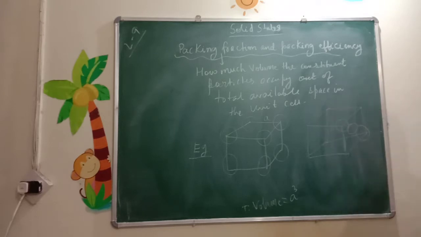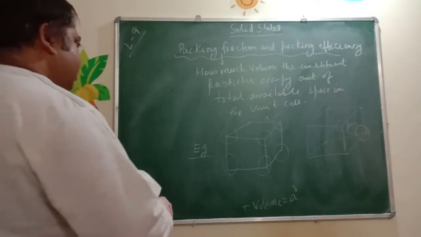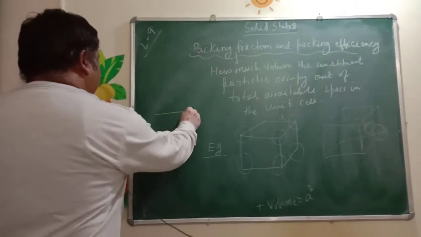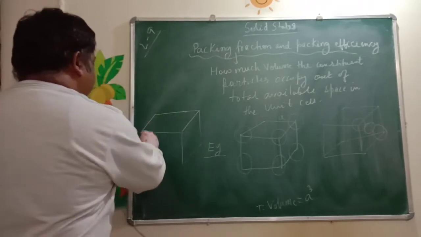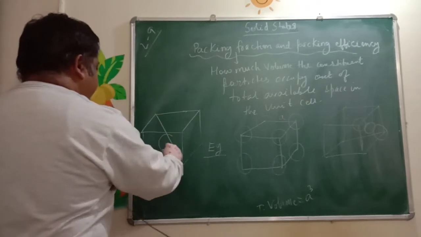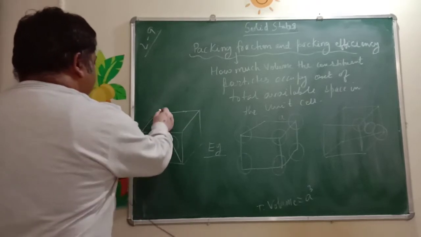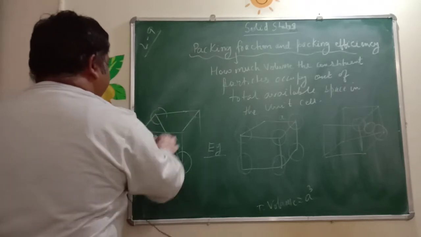I am not drawing the other particles in the other corners. Or it could be a body centered one. If this is the body diagonal, there can be one sphere here, one here and one here, and others will also be there definitely.